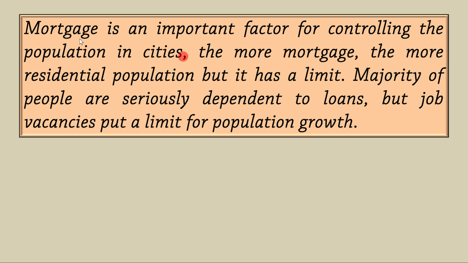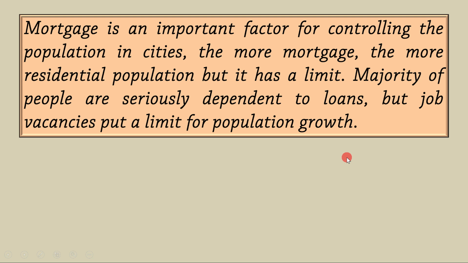Something like this. Suppose that your thesis statement was: mortgage is an important factor for controlling the population in cities. The more mortgage, the more residential population, but it has a limit. The majority of people are seriously dependent on loans, but job vacancies put a limit on population growth.